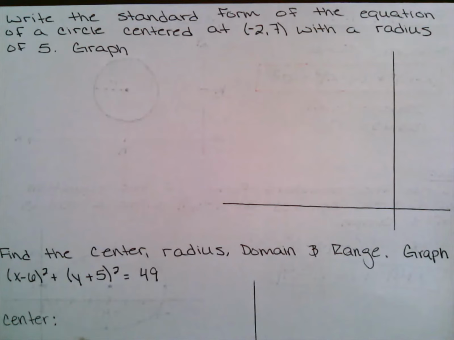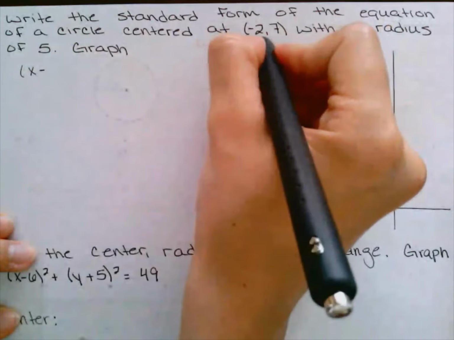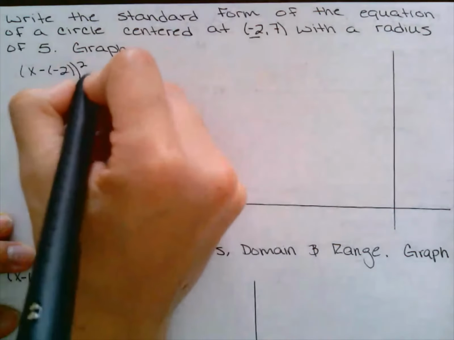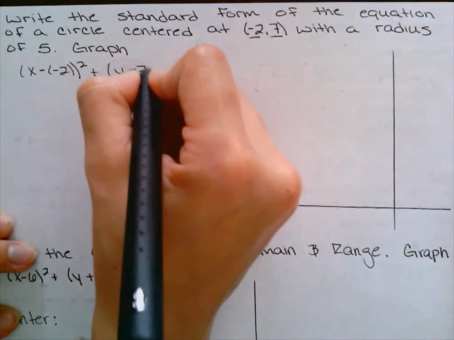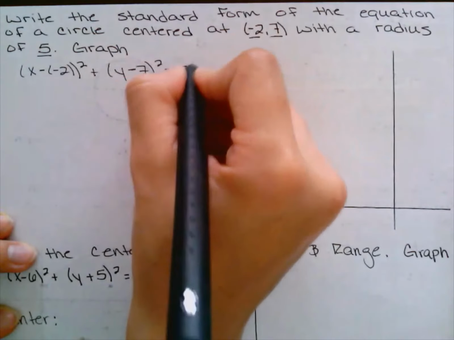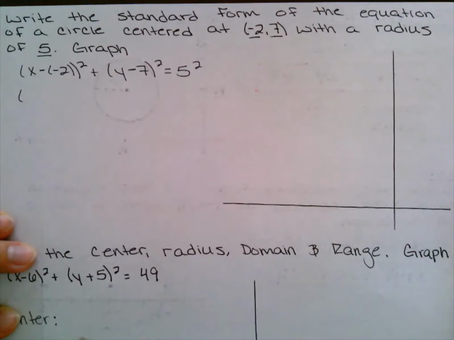Write the standard form of the equation of a circle centered at (-2, 7) with a radius of 5. So we know we write x minus my x value, which is -2, plus y minus my y value, which is 7, squared, equals the radius, which is 5, squared.